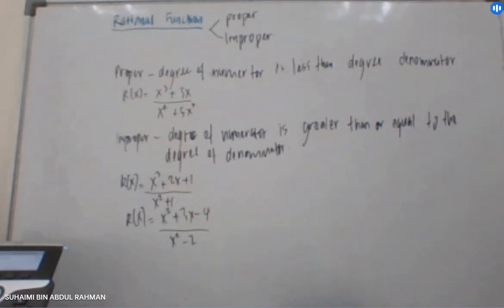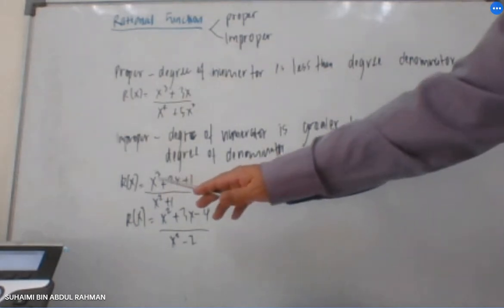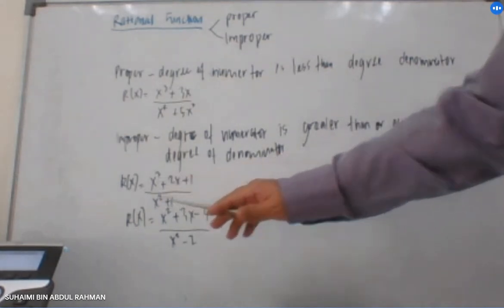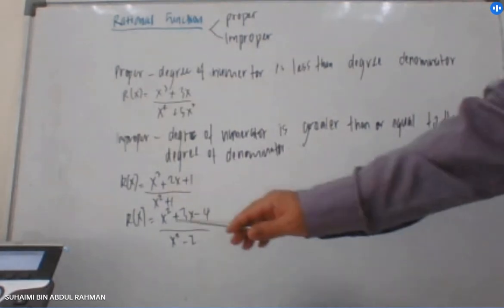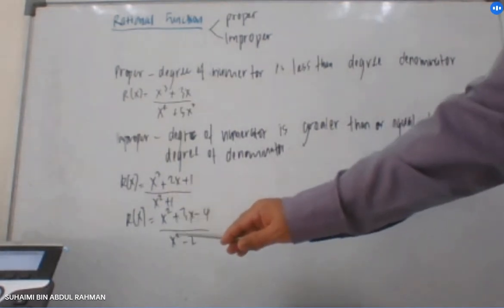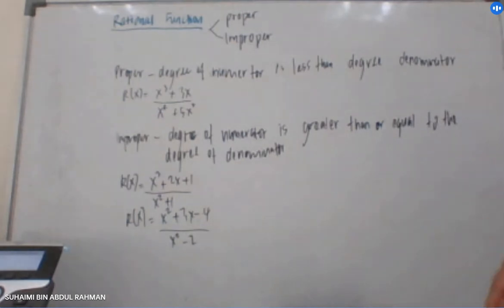You see that the degree of numerator is greater than the degree of denominator, or maybe the degree of numerator equals the degree of denominator. This is an improper rational function. When we talk about rational functions, they can be either proper rational functions or improper rational functions.